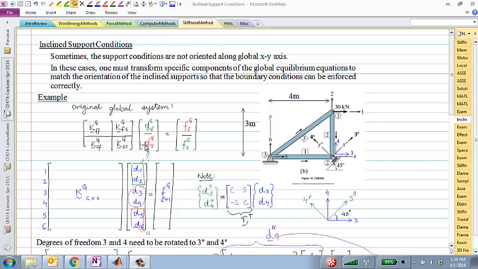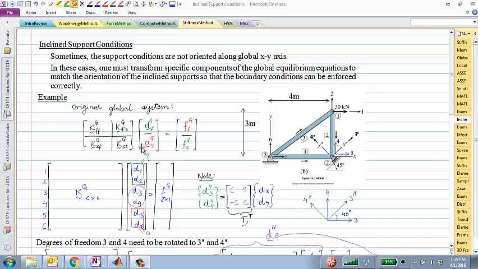And I mentioned to you last time, the way that you would deal with that is at the end of the process, when you've already come up with the set of equilibrium equations for the truss. So you remember we proceed for a problem that has inclined supports exactly the same way that we would for a regular truss with no inclined supports.